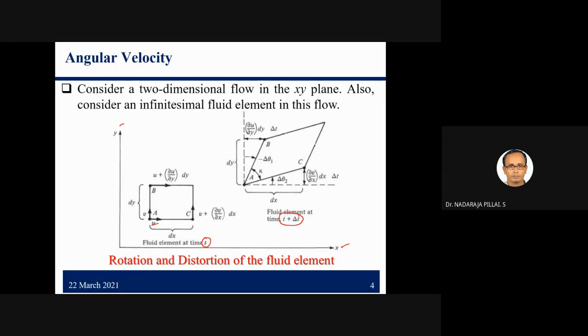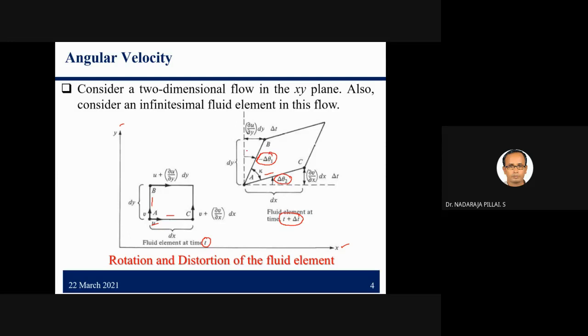As it moves from time t to t plus del t, there is a change in AB and similarly AC. Here this is AB, and here this is AB. So we can say that there is a change in AB and AC. AB makes an angle, and similarly AC makes an angle. So this is del theta 1 and this is del theta 2.